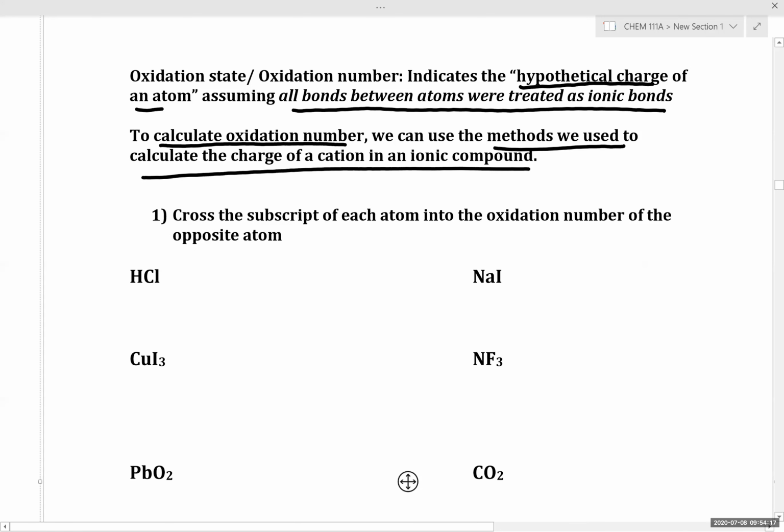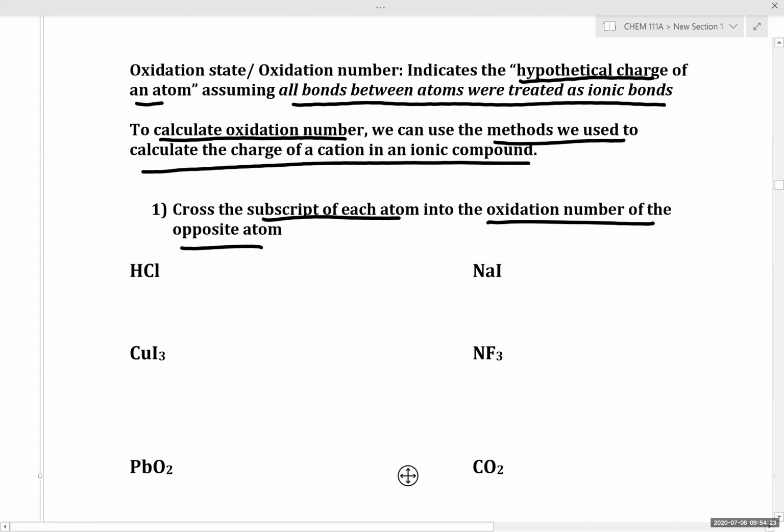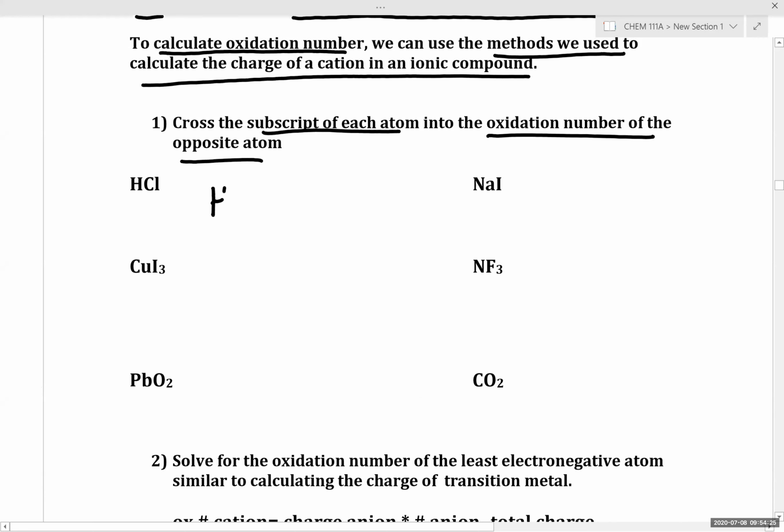So the first method is you can just cross the subscript of each atom into the oxidation number of the opposite atom. To give you an example, HCl: if we reverse cross our subscripts, that gives us an oxidation number of +1 for hydrogen, and chloride has an oxidation number of -1.